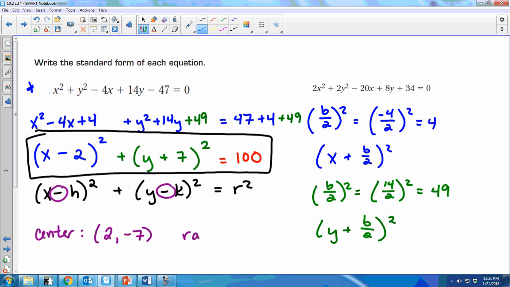If I ask you what the radius is, what's the radius? Ten. If the equation is equal to r squared, well, 100 is r squared. So then if I want to get r, I take the square root. The radius is 10. I should be able to graph that circle. I couldn't graph it originally, but now I can.